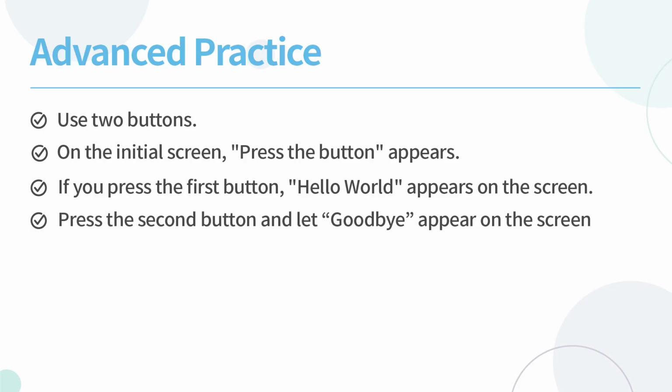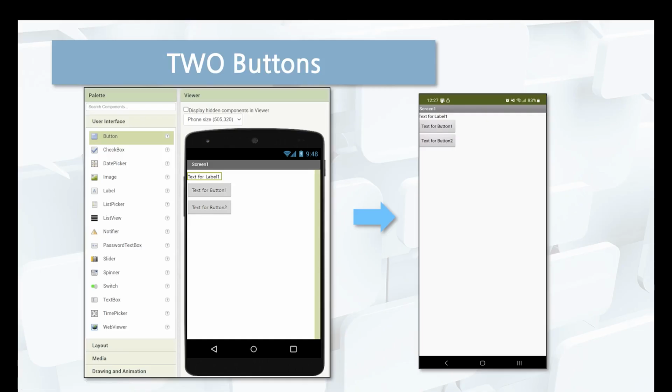Okay, then let me show how to do this. Before, you have a text label and one button. Well, we're going to add another button, and the first button will change the text here to hello world.